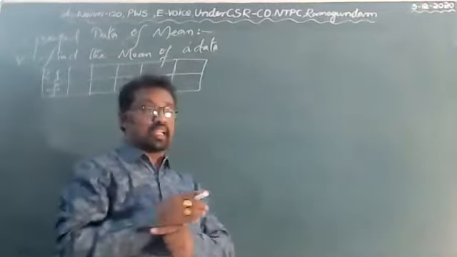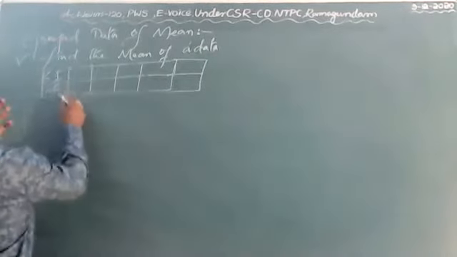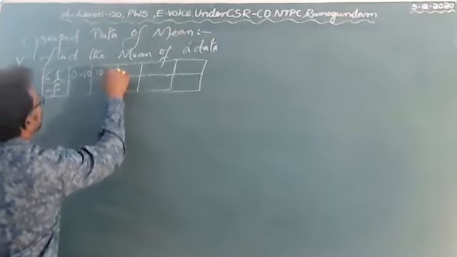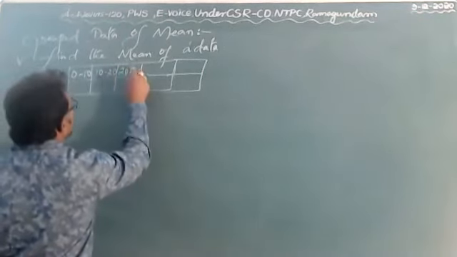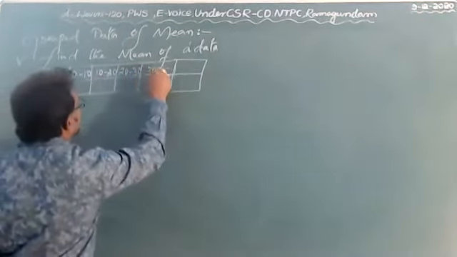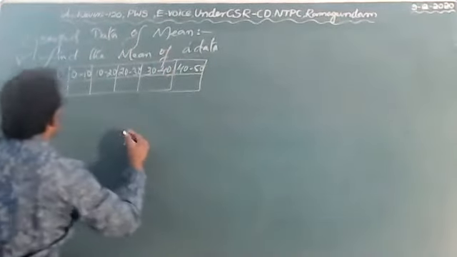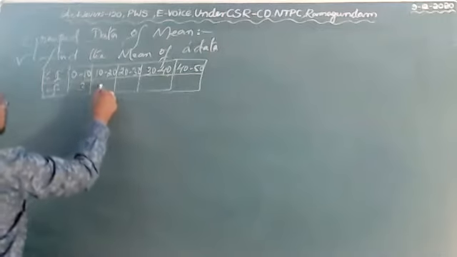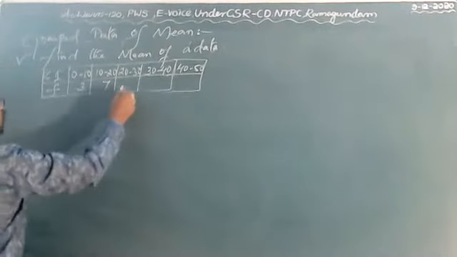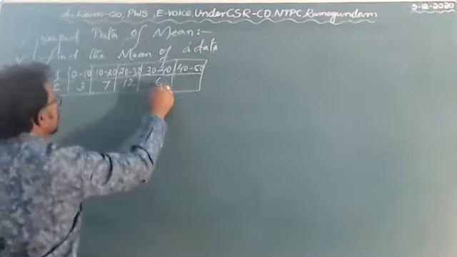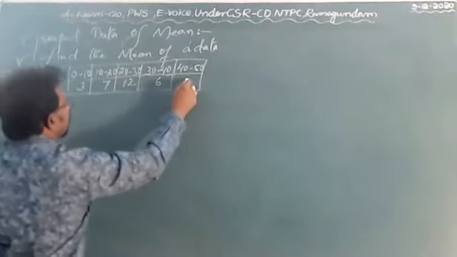We'll go with the groups 0 to 10, 10 to 20, 20 to 30, 30 to 40, 40 to 50, and frequencies 3, 7, 12, 6, 2.